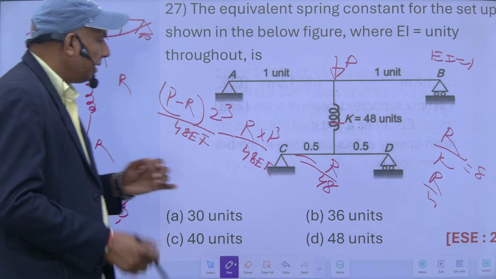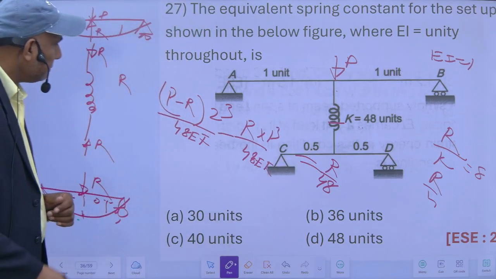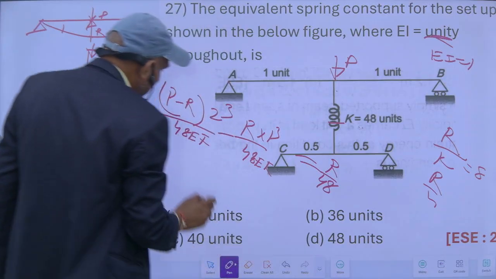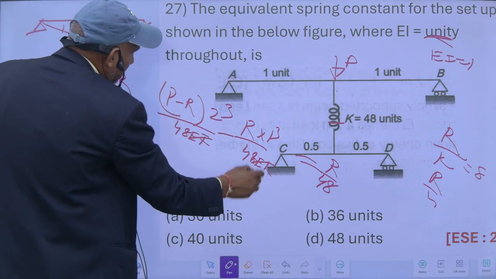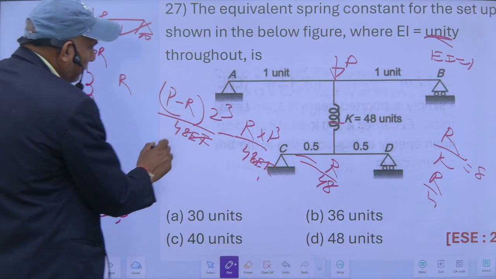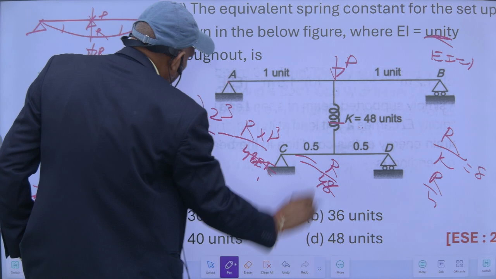R upon 48 is this one, and this EI is basically 1. So it will be 48, 48, 48.